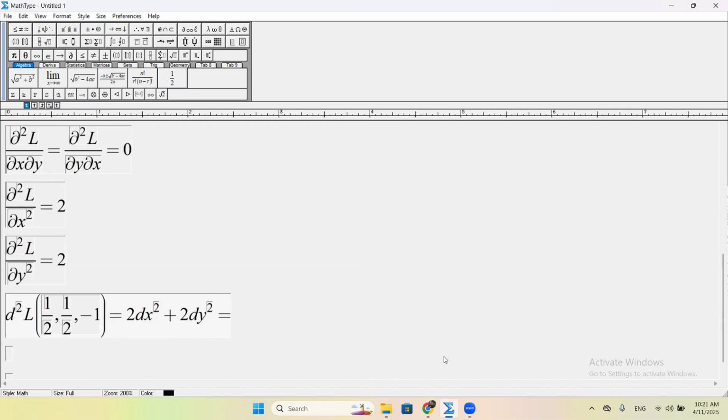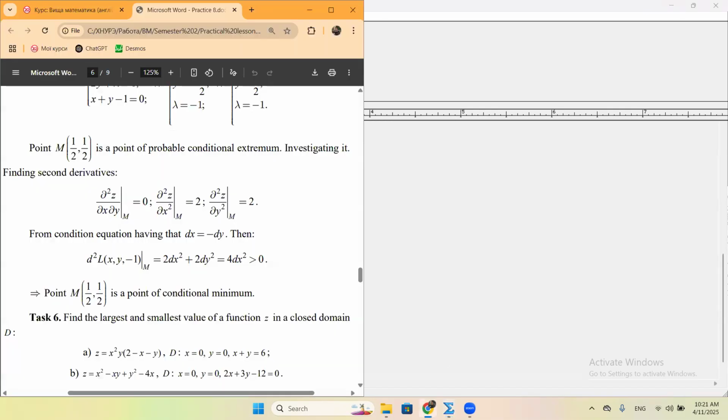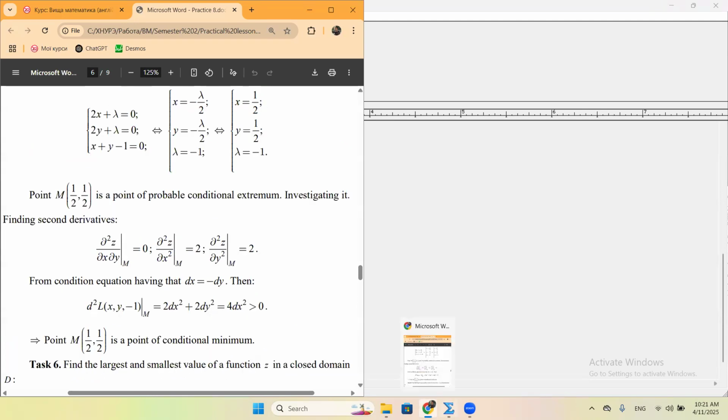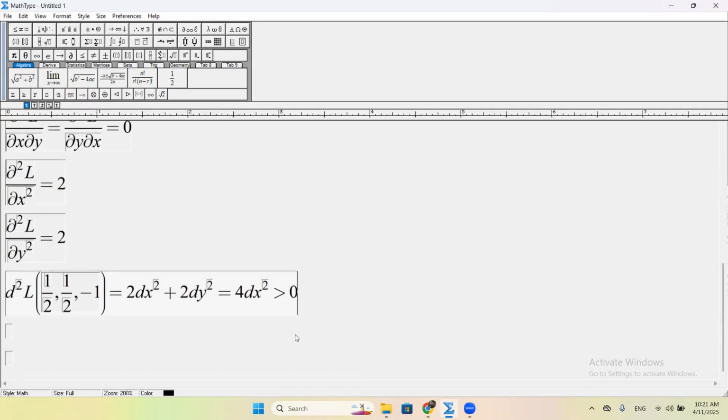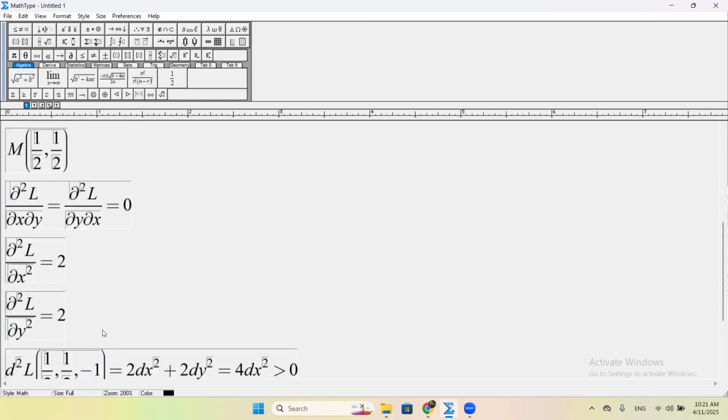Also, from the condition equation, we can find that dx equals minus dy, so it actually equals 4 dx square, and it is greater than 0.